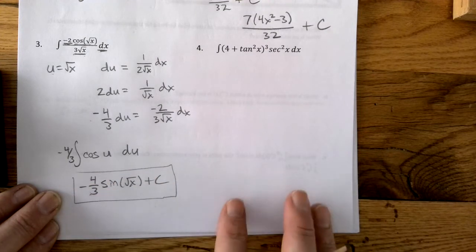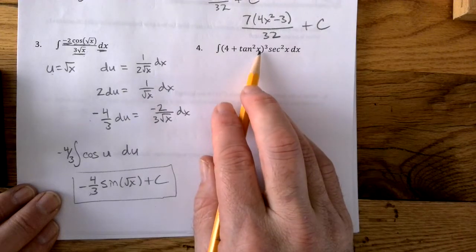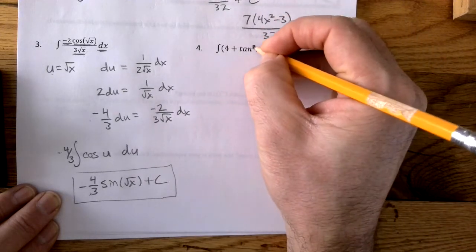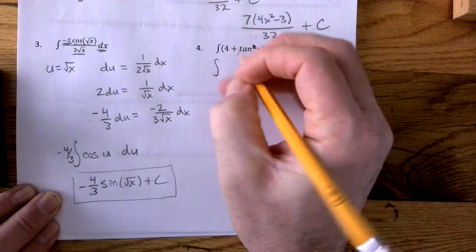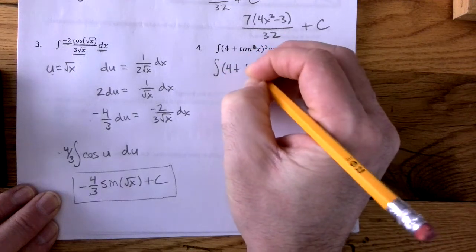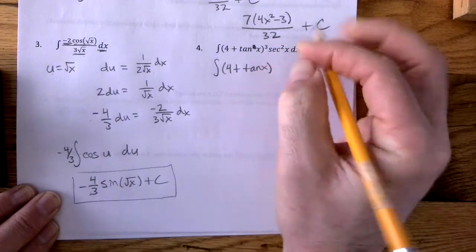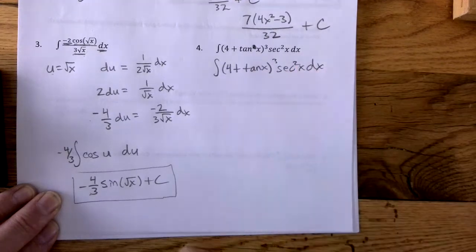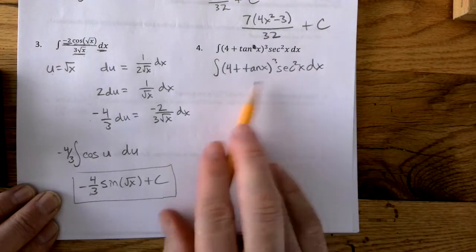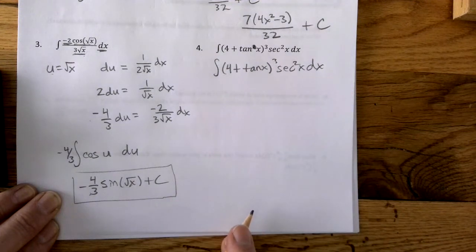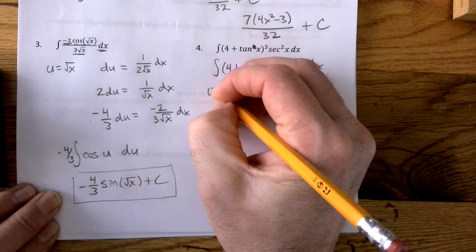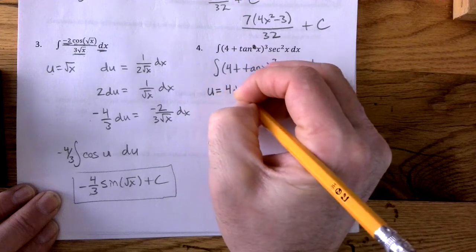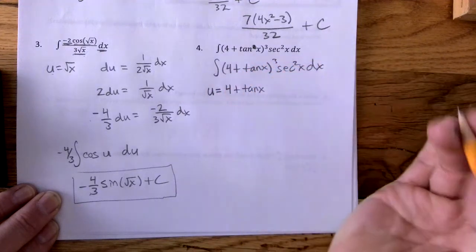We're going to do one more. I wrote the wrong problem on the front. It should be the integral of (4 plus tangent of x) cubed times secant squared of x dx. This looks like a super complicated problem. It's not too bad. Identify u as 4 plus the tangent of x.